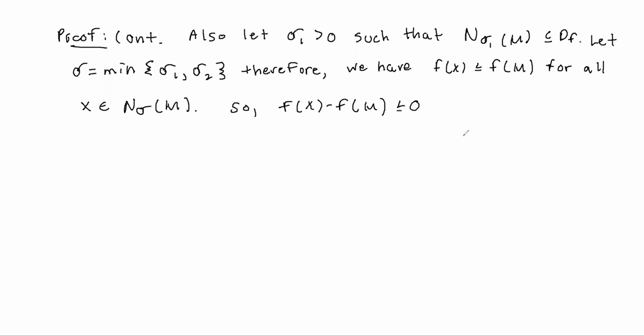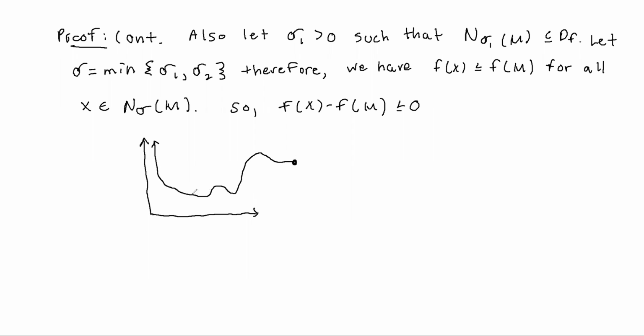Let me illustrate the idea of those two delta neighborhoods. Let me write some arbitrary function here and draw it real quick. We have, let's say, a function that goes up like that, goes down like that, maybe goes up like this, and stops right here.